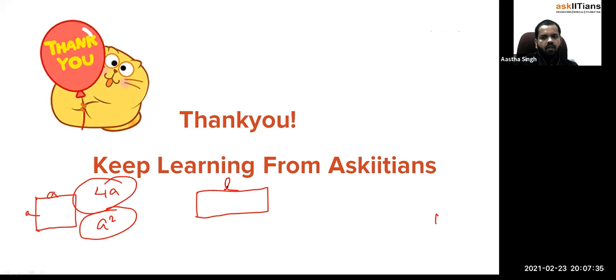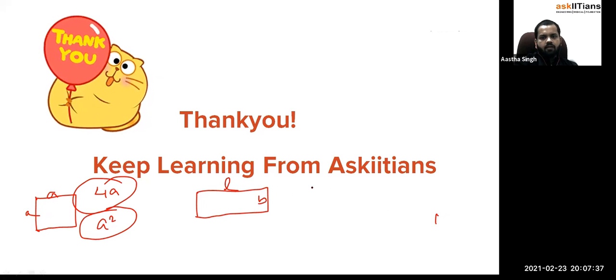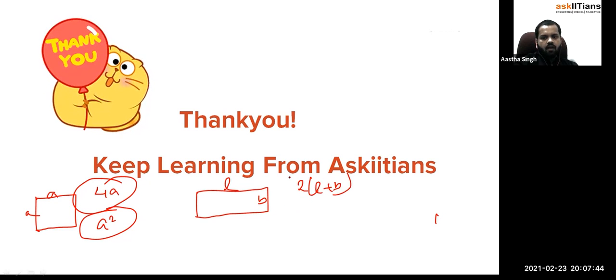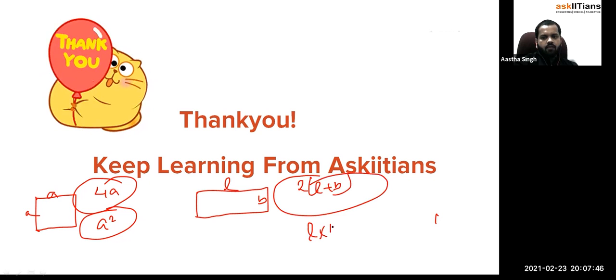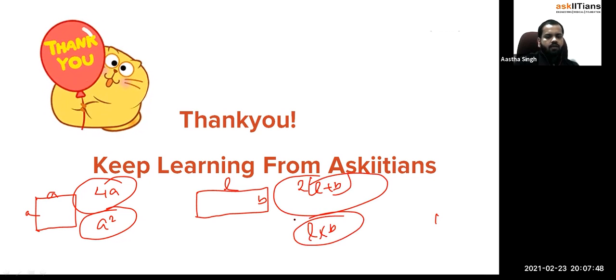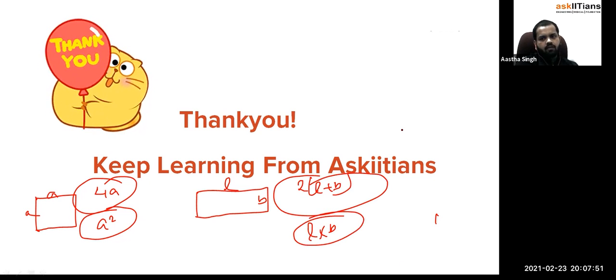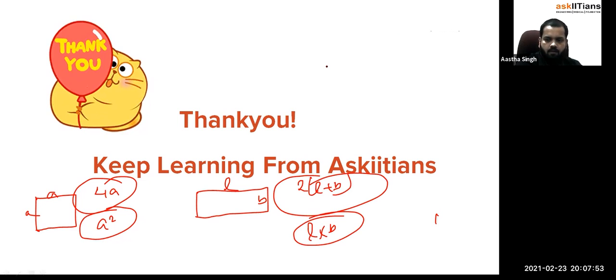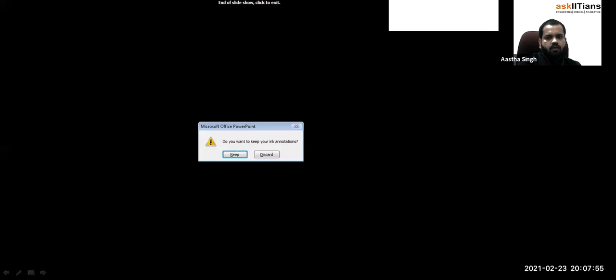A rectangle having a length L and a breadth B, its perimeter is 2 times of L plus B. And its area is basically L into B. I think you all have got the point, right? So that's all, guys. That's all for today's session.